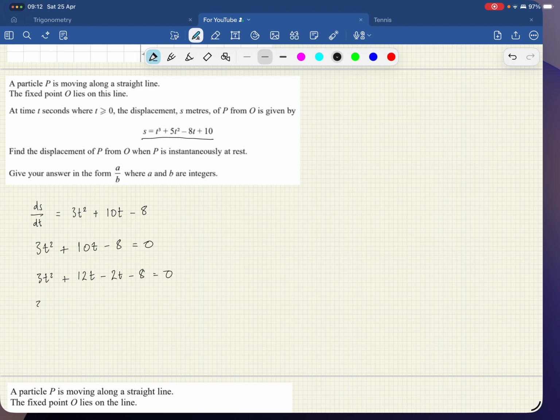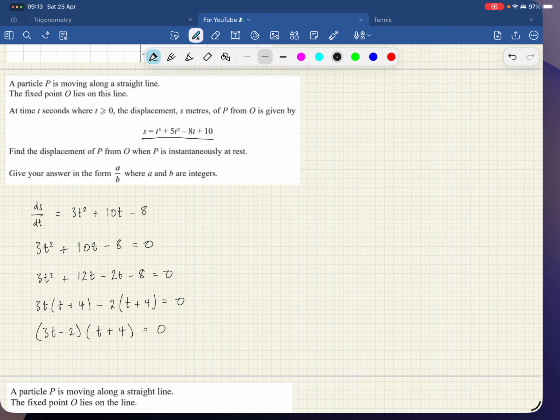Factor both sides, so that gives us 3t on the outside there, t plus 4. And then we're going to take a minus 2 out, and that gives us t plus 4. And so we've got 3t minus 2 times t plus 4 equals 0.